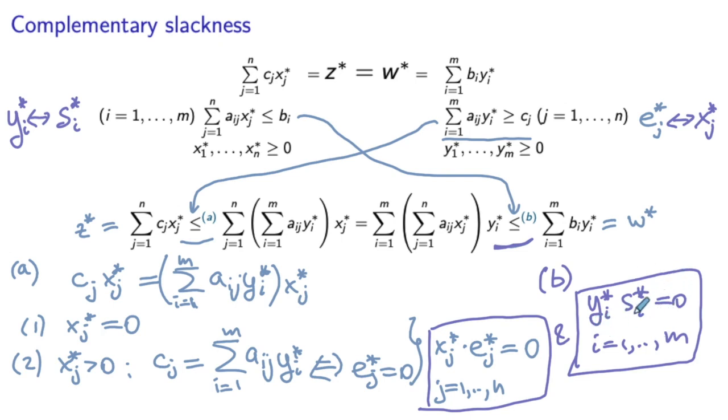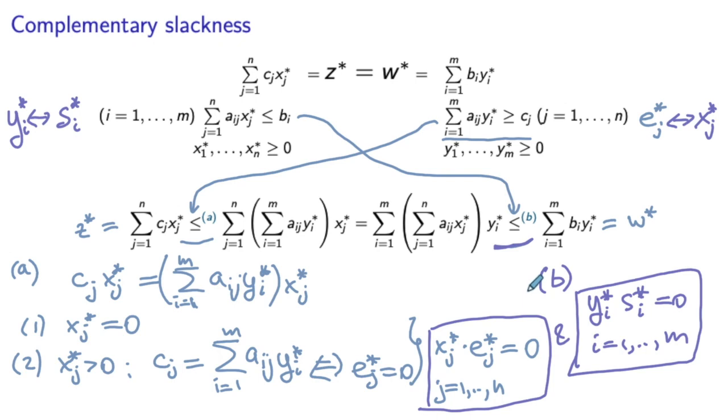On the other hand, if both of these conditions are satisfied at the same time for a vector x star, which is feasible for the primal problem, and the vector y star, which is feasible for the dual problem, then we'll have equalities in both of these cases, and we'll have z star equal to w star. Therefore, we have x star optimal for the primal problem and y star optimal for the dual, and this becomes an if and only if condition, right?